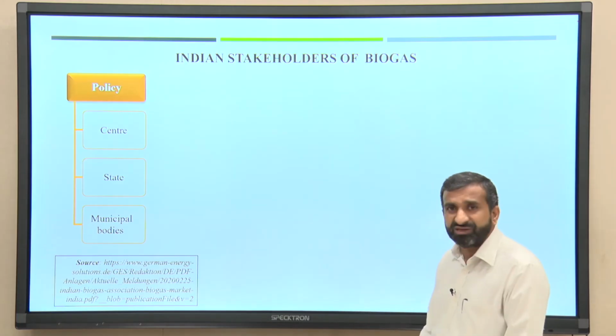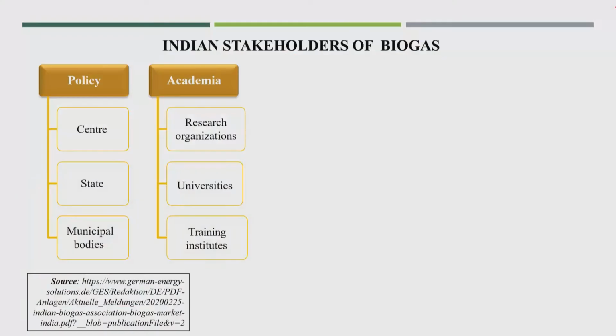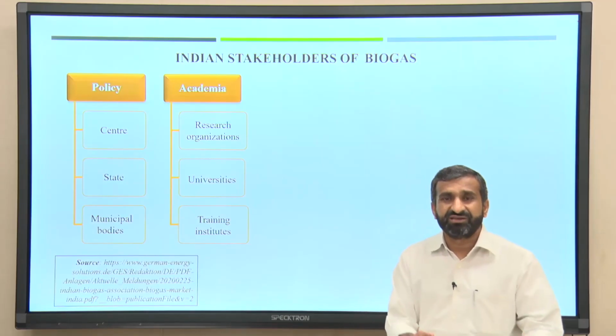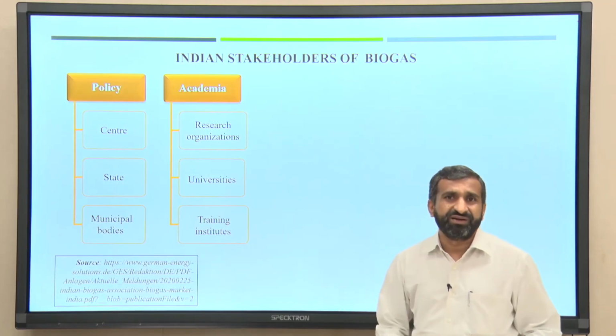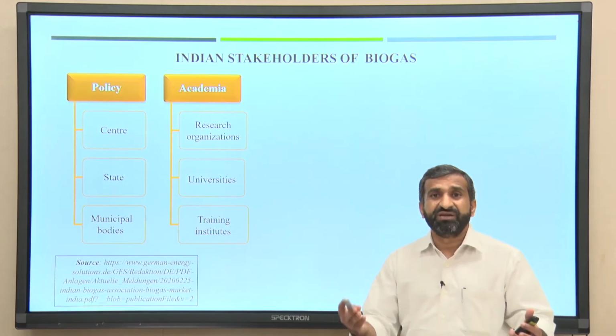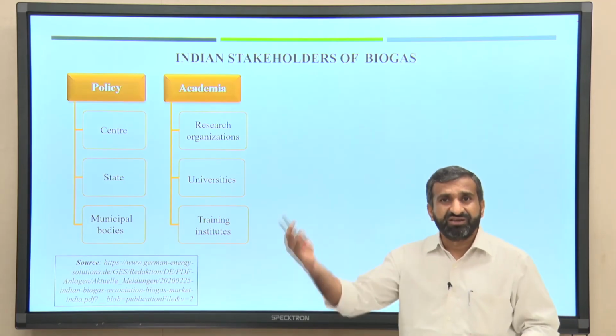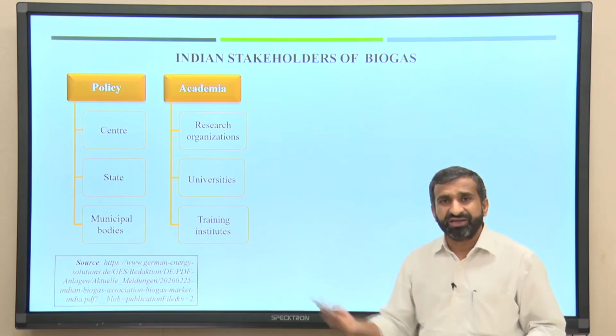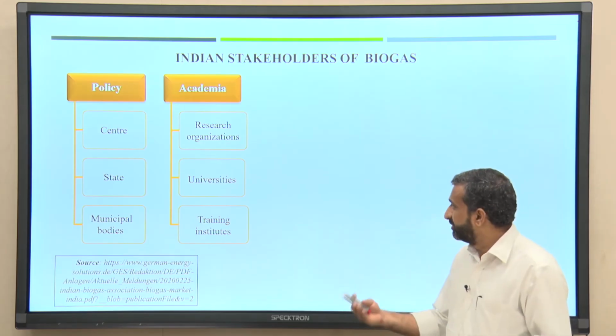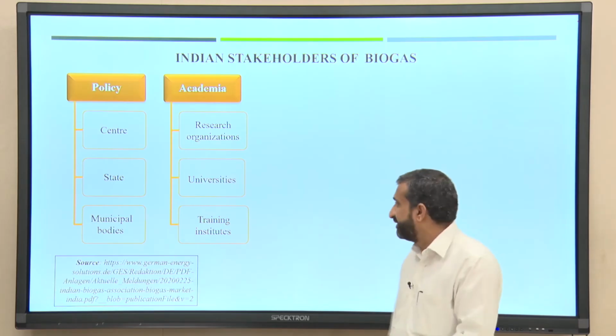Some municipal bodies also come up with different biogas units, and academics, like research organizations such as IIT Guwahati, have a 10 meter cube reactor. Even at IIT Delhi, there is a center for rural development that also has big biogas units in their campus, and also installed in some local rural areas.